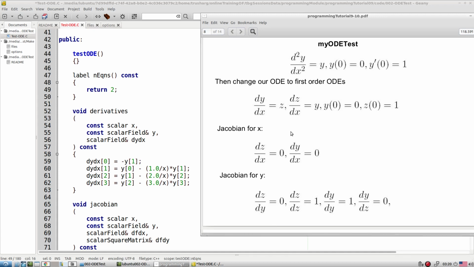Then, for the second part, we require del f2 by del y1, and then del f2 by del y2, that is equal to 0.